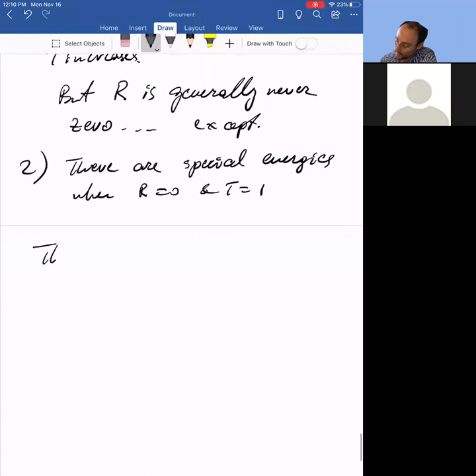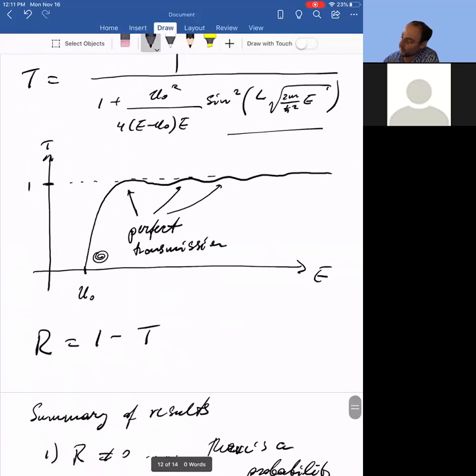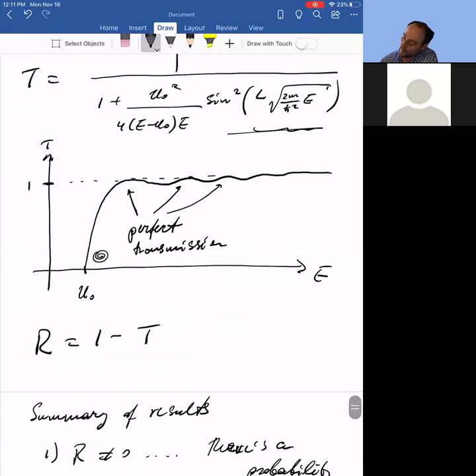So this happens when L times the square root of 2m over h bar squared times E equals n pi. Right? You see, you go back to this formula. Whenever this stuff right here equals n pi, the sine is 0 and T becomes 1.